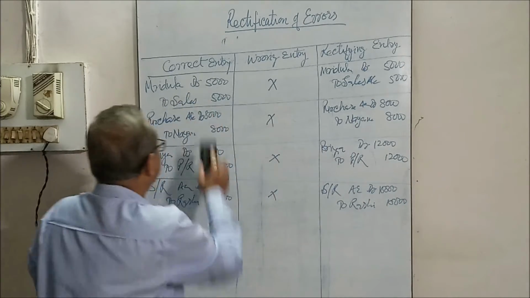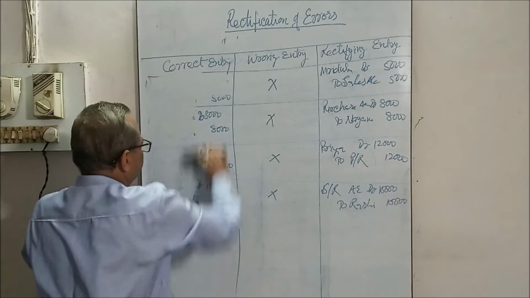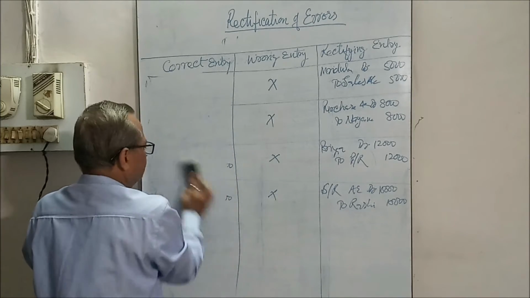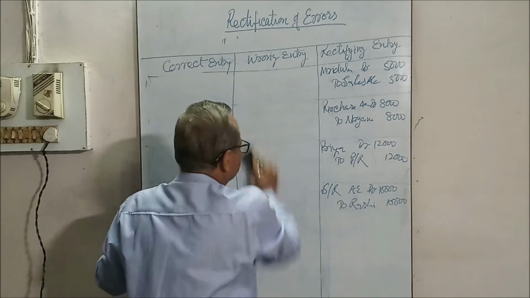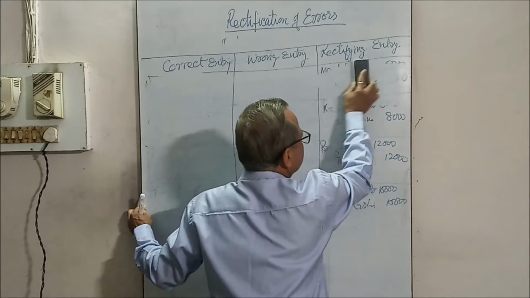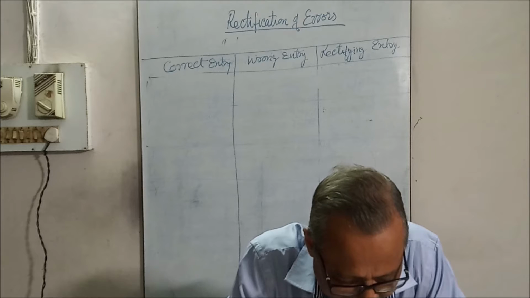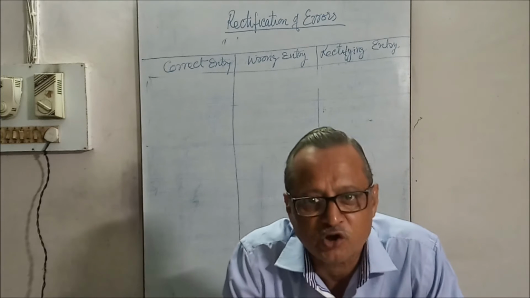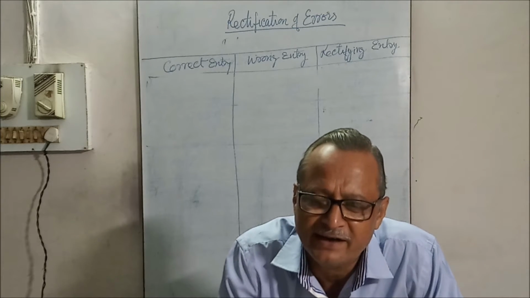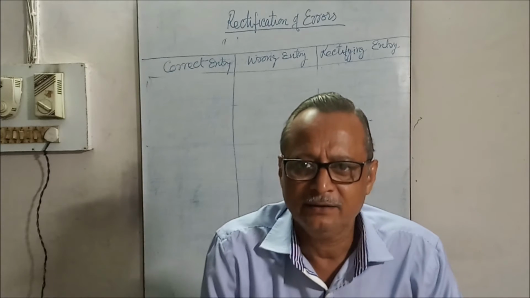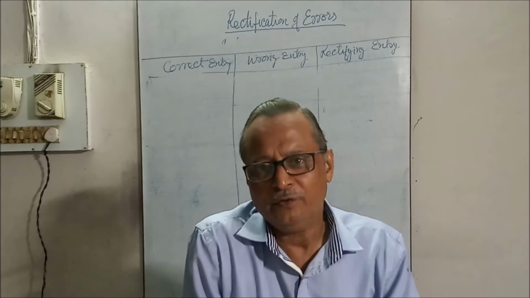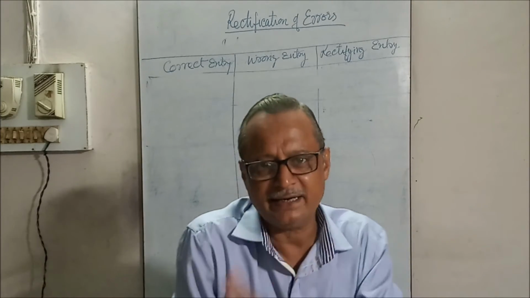Second question, see it. Question number 2. Credit sales to Mridula rupees 5,000 were recorded as rupees 500. It is an arithmetical error. But in the entry or while recording, this is a double-sided error.